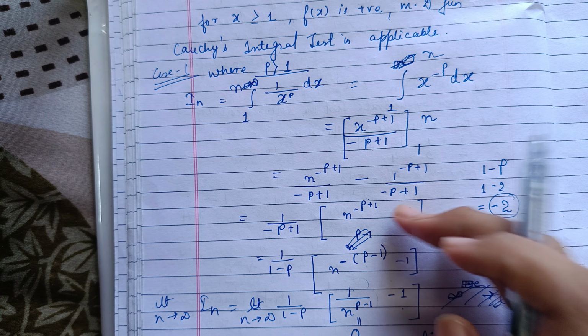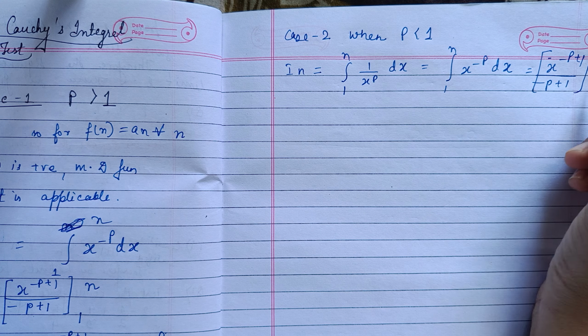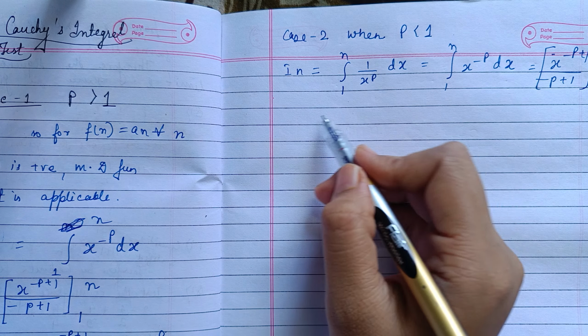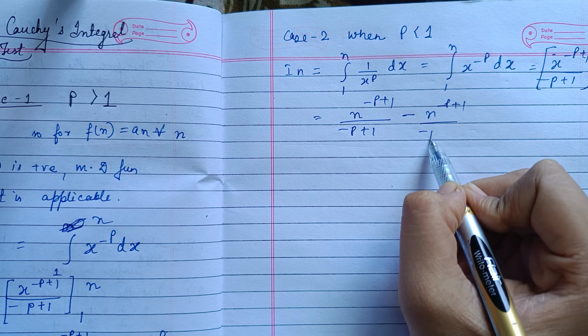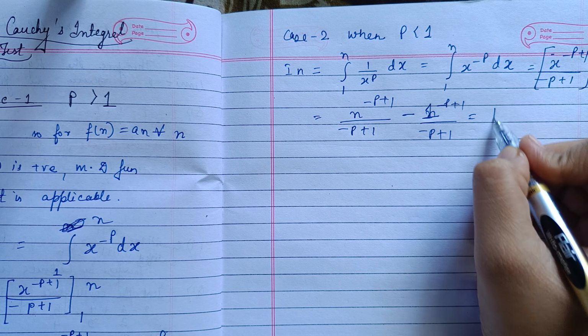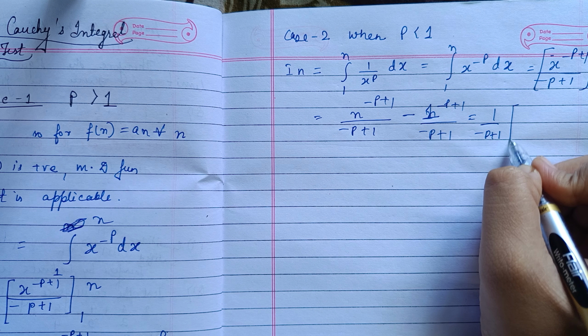Now solve this, you will get x to the power minus p plus 1 upon minus p plus 1, limit 1 to n. Okay, now n to the power minus p plus 1 by minus p plus 1, minus 1 to the power minus p plus 1 by minus p plus 1, sorry, 1. Now I will take common 1 by minus p plus 1. I am taking this as common, and I am left with n to the power minus p plus 1 minus 1.